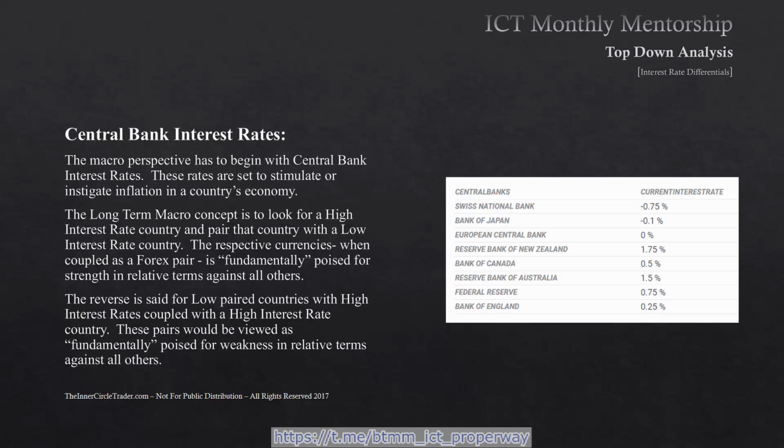And what you want to do is when you look at the list, and obviously it's a rather anemic list of interest rates currently in the current state of the global economy, but generally there's always going to be a higher interest rate in one currency versus another country.